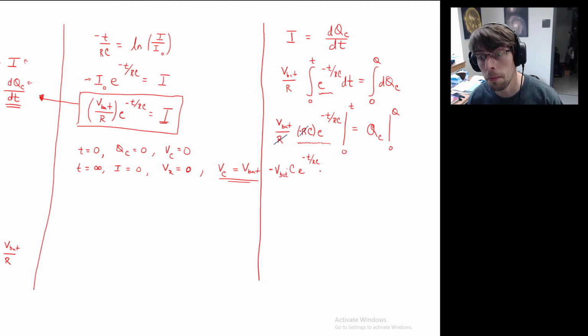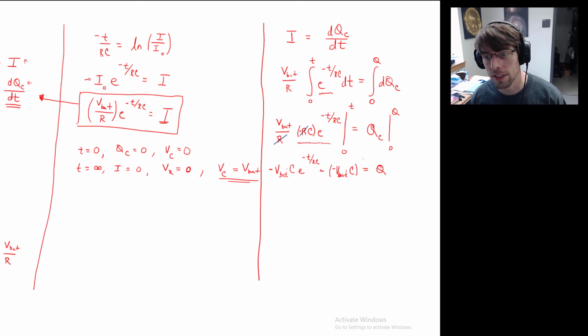And then we have minus a negative V battery times C times e to the 0, which is 1. So this is just 1. That is equal to, just say Q.